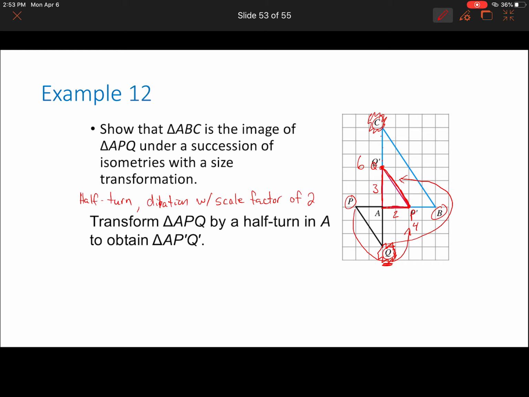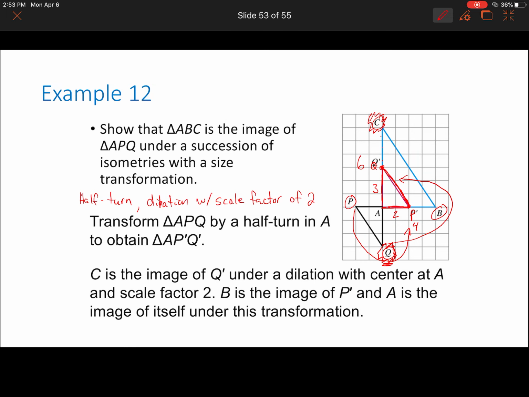So you can see that here. In fact, they've actually put one in red there. If I erase mine, you'd be able to see that. So to transform APQ by half turn, we'd get A P prime Q prime. And then C is the image of that Q prime under dilation. And B is the image of P prime under the dilation.